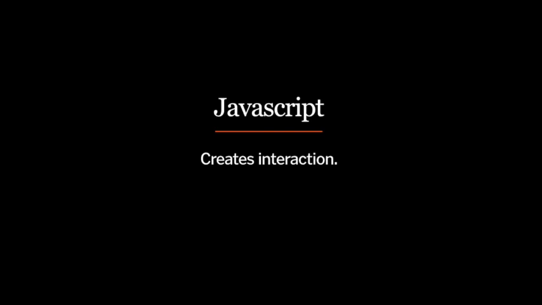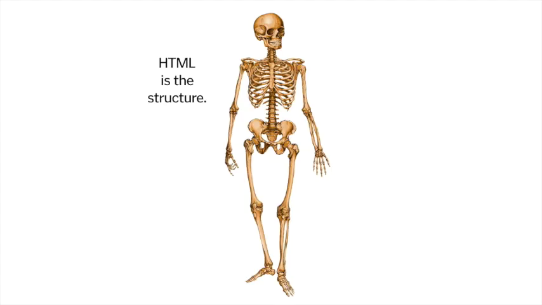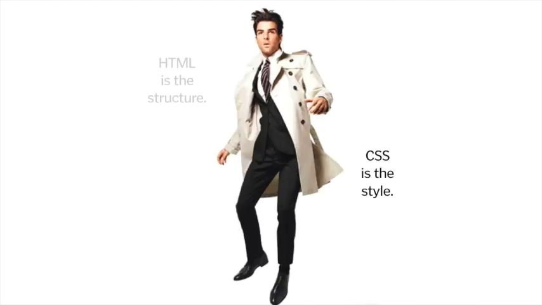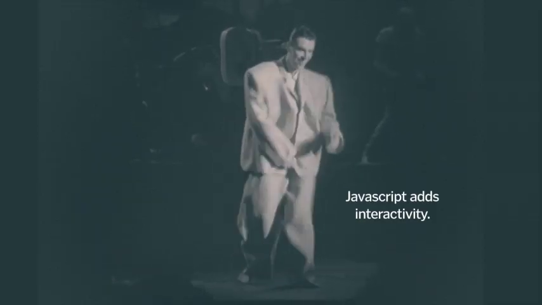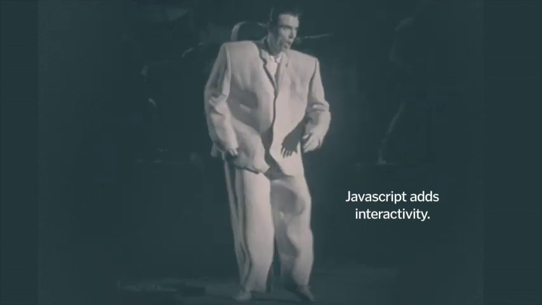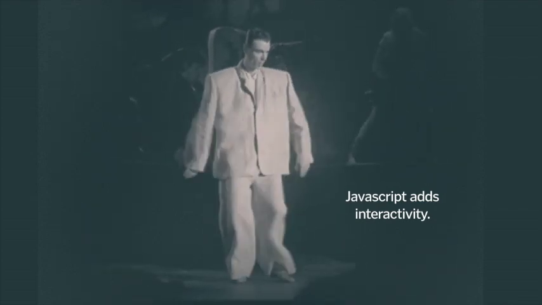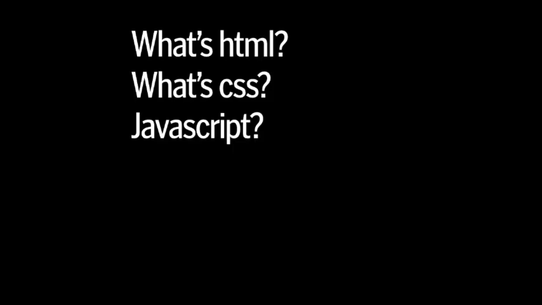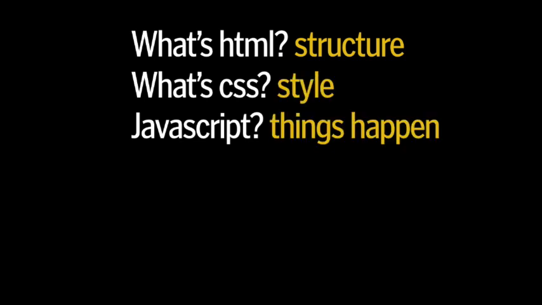In short, JavaScript creates interaction. If HTML is the structure and CSS is the style, JavaScript adds interactivity. Try to remember those three concepts. HTML, again, is the structure, CSS is the style, and JavaScript allows things to happen.